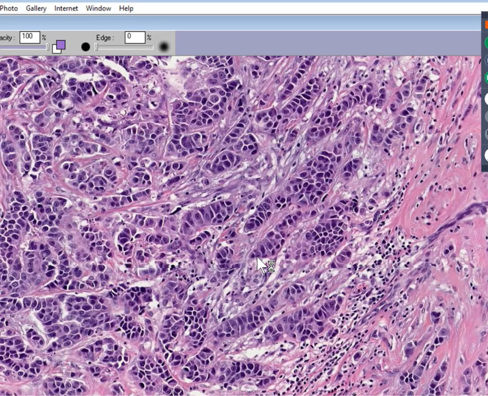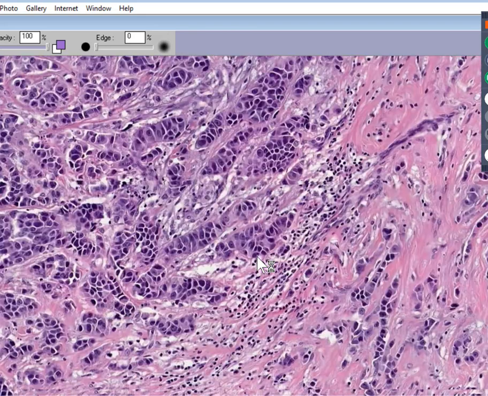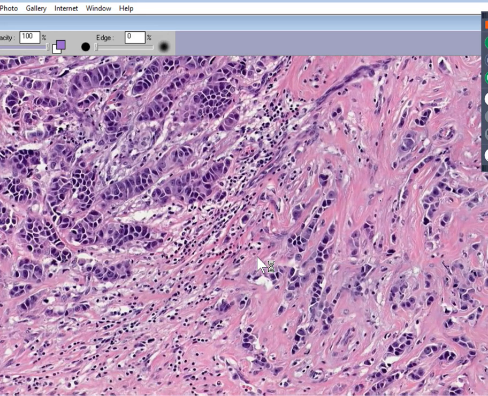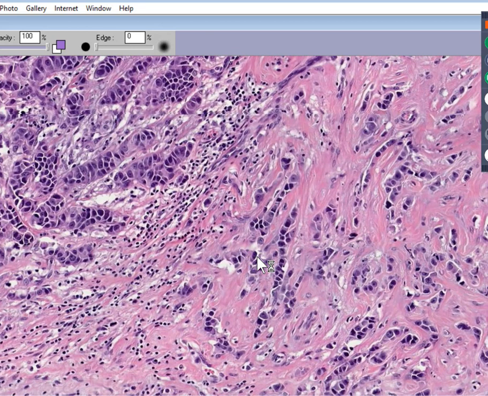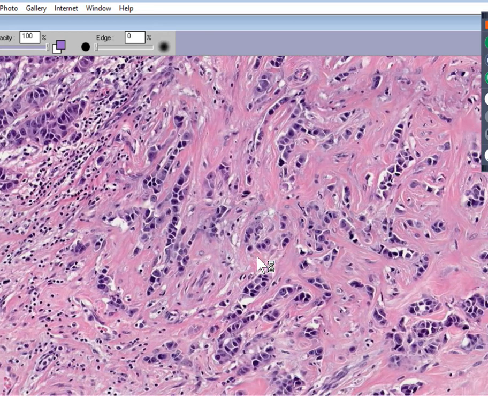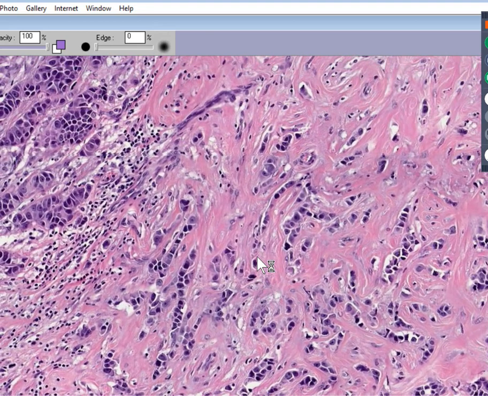Now, let me tell you something we've said before, but we'll say it again. Many cancers, especially adenocarcinomas, when they invade into the surrounding fibrous connective tissue, evoke what they call a desmoplastic or a scirrhous response.